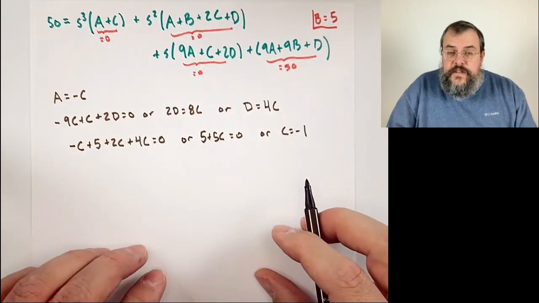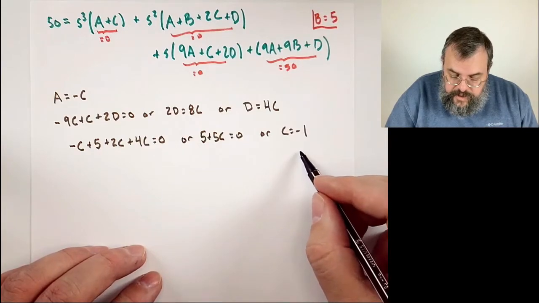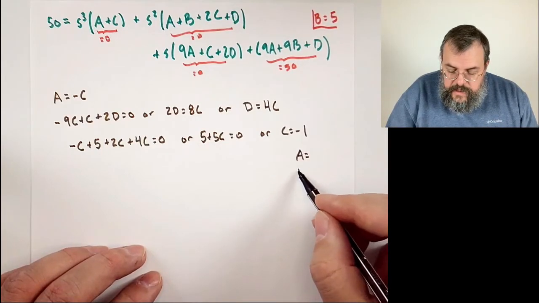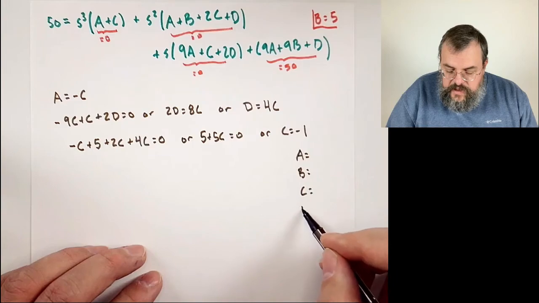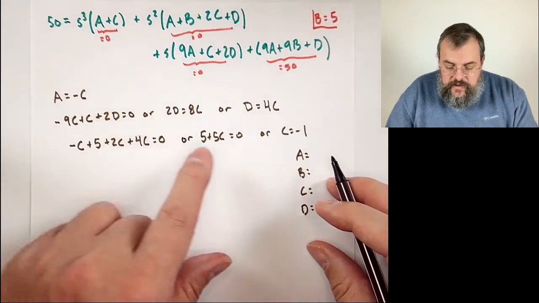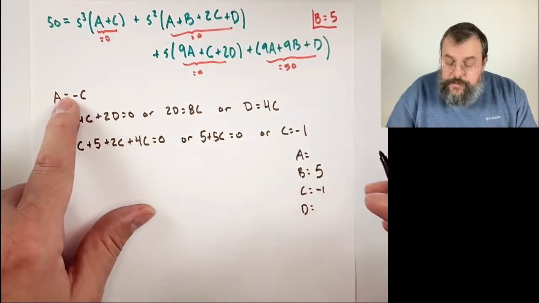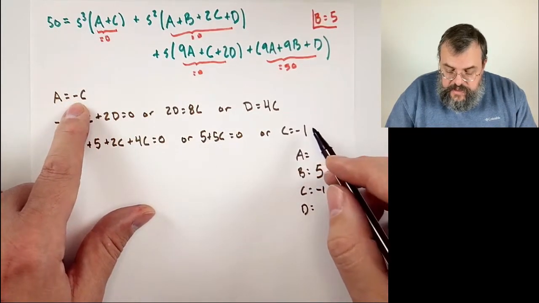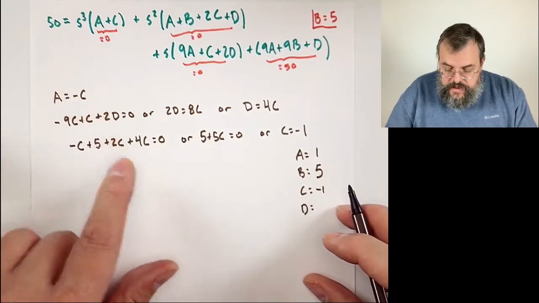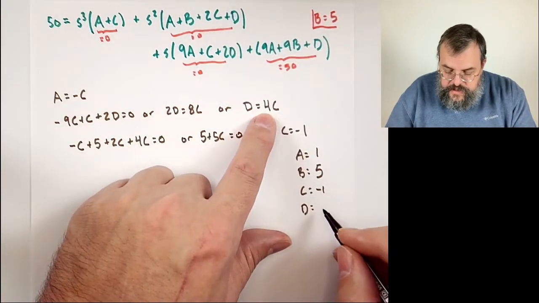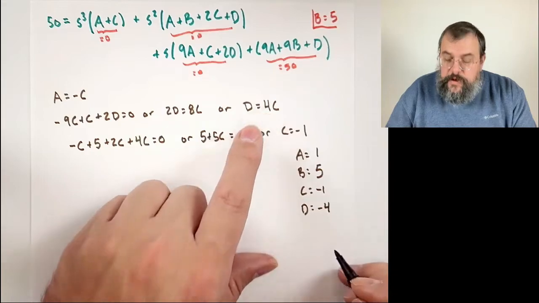So now let's compile. A, B, C, D. So C equals negative 1, B equals 5, A equals negative C, negative negative 1, positive 1, and D equals 4C, so that's minus 4.